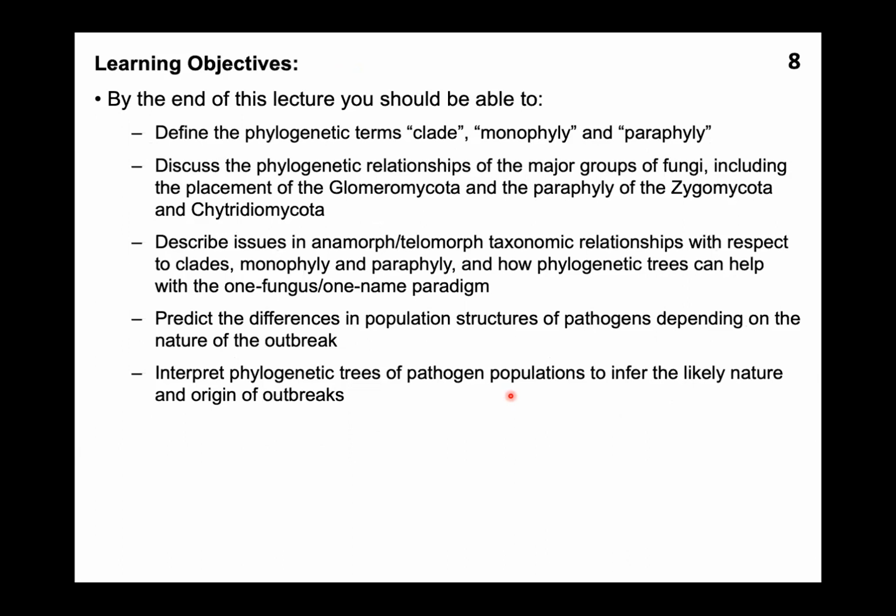By the end of this lecture, which is actually 4 mini lectures, you should be able to define the phylogenetic terms clade, monophyly, and paraphyly; discuss the phylogenetic relationships of the major groups of fungi, including the placement of the Glomeromycota and the paraphyly of the Zygomycota and Chytridiomycota; describe issues in anamorph and teleomorph taxonomic relationships with respect to clades, monophyly, and paraphyly, and how phylogenetic trees can help with the one fungus, one name paradigm; predict the differences in population structures of pathogens depending on the nature of the outbreak; and interpret phylogenetic trees of pathogen populations to infer the likely nature and origin of outbreaks.